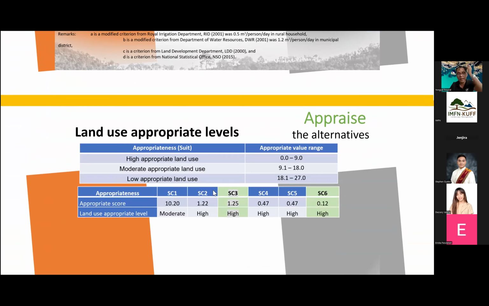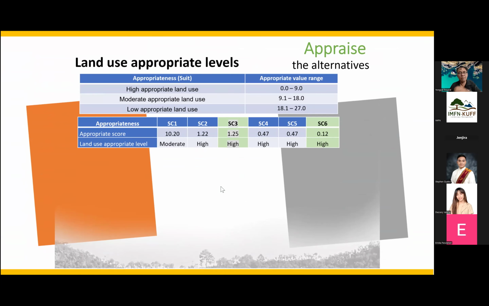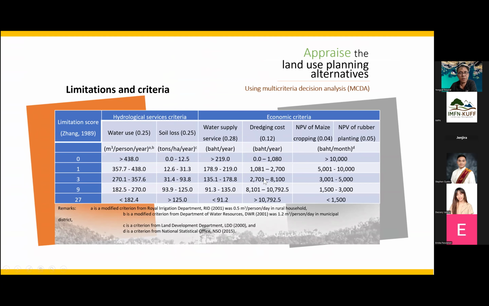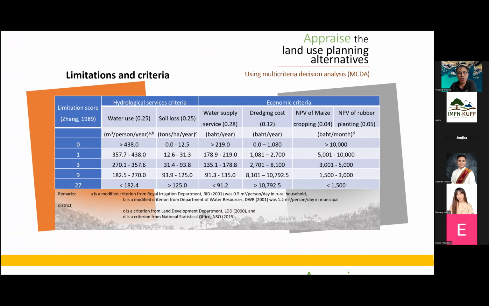Okay, and this one can approve. We also look at what are called the limiting factors, for example, the limiting factor of the water use and how much people will spend money on dredging of the soil erosion.